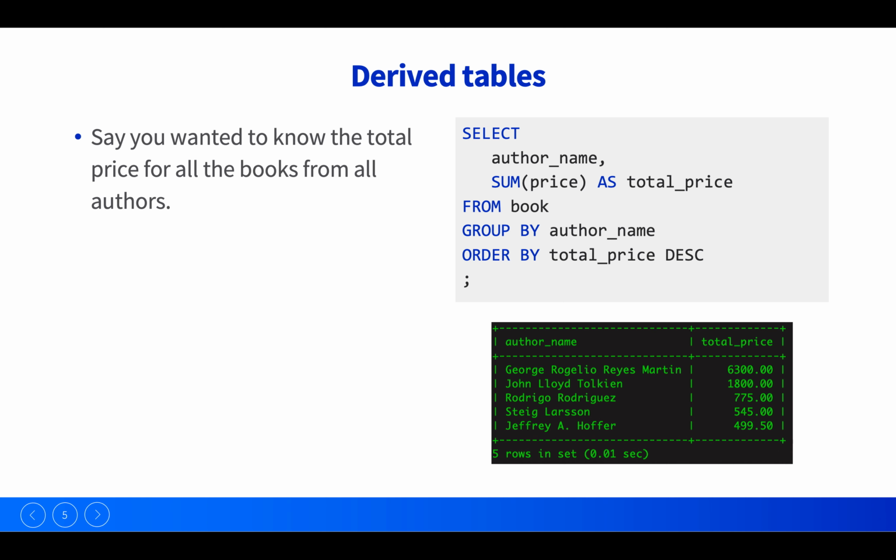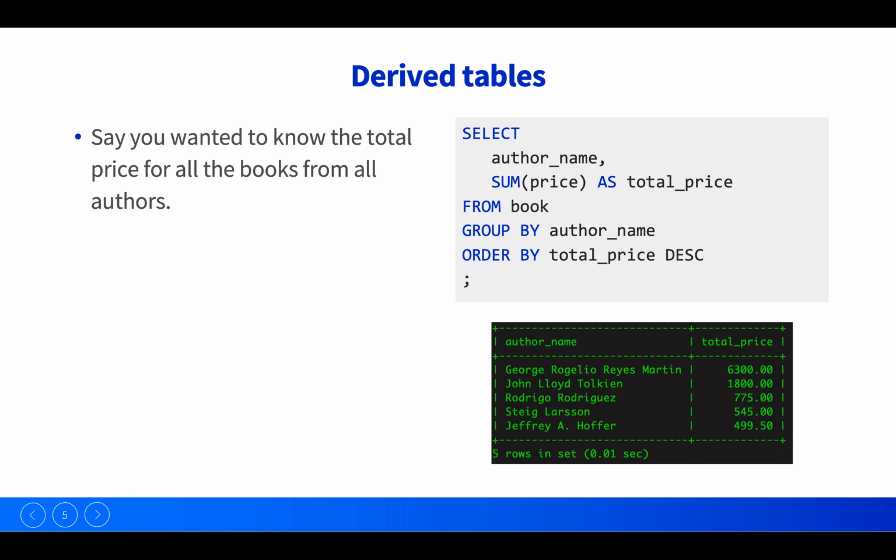Okay, so to demonstrate how it works, let's say we have an example here. Here we're making use of the SQL2 pubs database that was provided from before. In this database, let's say we wanted to know the total price from all books by author, meaning given the authors that we carry in this publication house, what is the total price to purchase all of their books? So the statement here is select author name, sum price as total price from book, group by author name, order by total price, descending order.